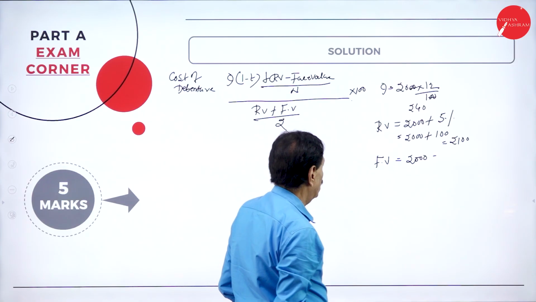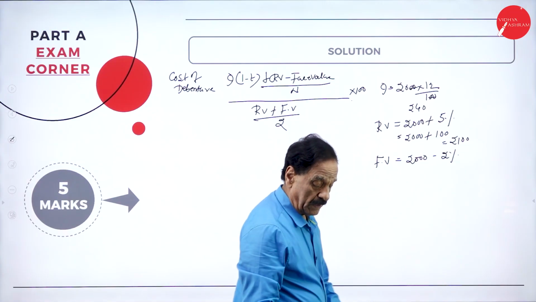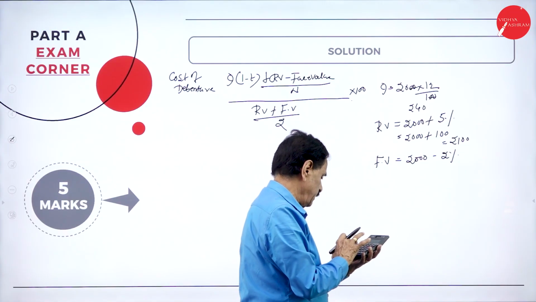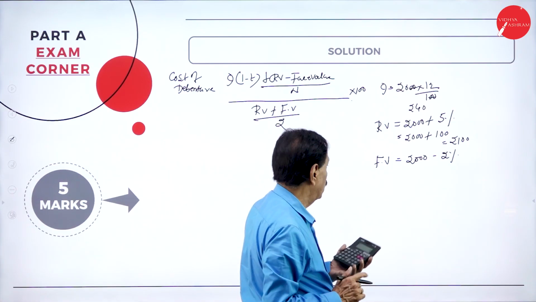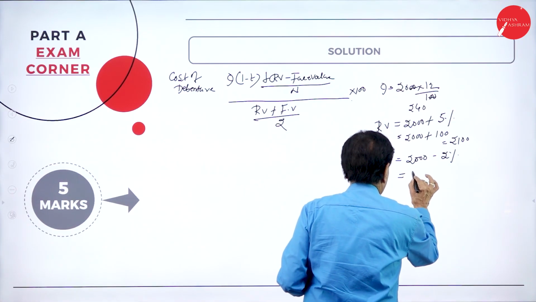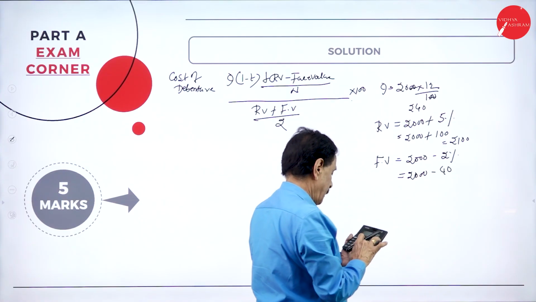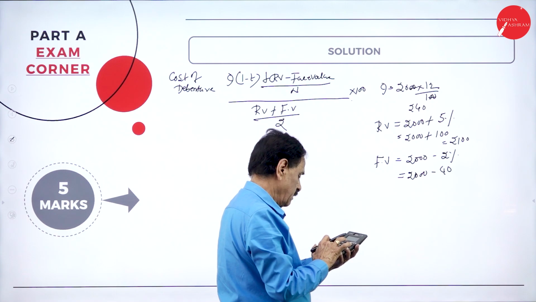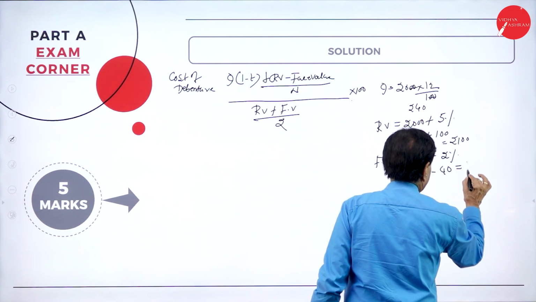How much is flotation cost? 2%. This is 2000 into 2 divided by 100, 40 rupees. So 2000 minus 40 is 1,960.